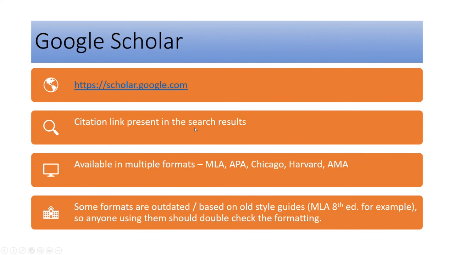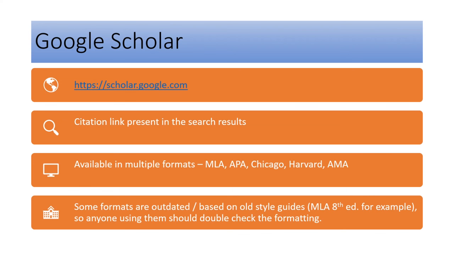Google Scholar is a kind of open access, open search engine for scholarly articles. It is very helpful in a lot of ways. And the citation links are present in the Google search results. This makes it very simple for researchers to grab this information: MLA, APA, Chicago, Harvard, AMA.